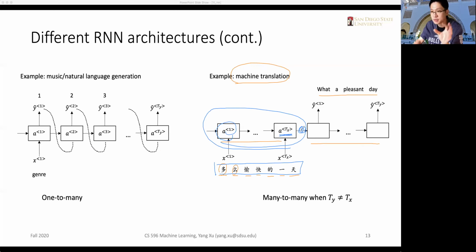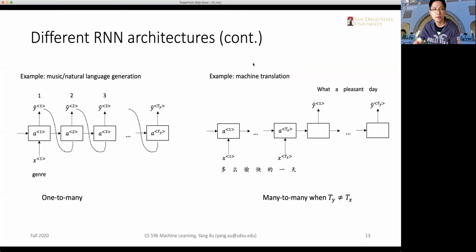And this condensed representation is fed into the second, one-to-many decoder component. This activation will be used as the initial activation to decode into the sequence of a second language. So this many-to-many is basically a combination of a many-to-one encoding and a one-to-many decoding here.